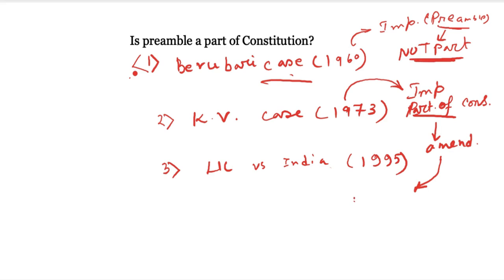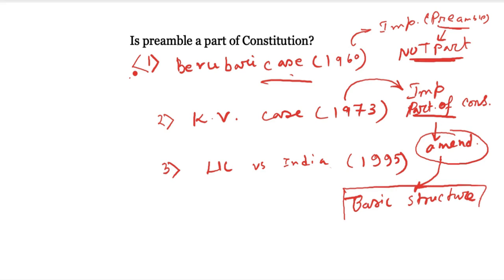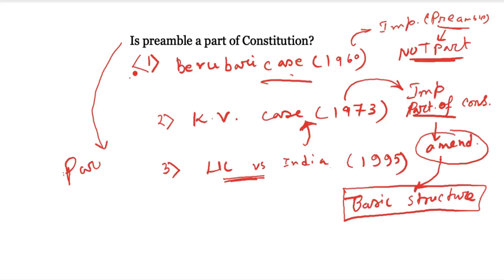So it spoke about the basic structure of the Constitution. The Preamble can be amended, but the amendment has to conform to the basic structure. In the LIC of India case, the Supreme Court again said that whatever we said in the Keshavananda Bharati case is right. So presently the Preamble is said to be a part of the Constitution.